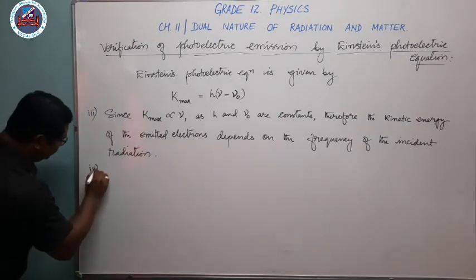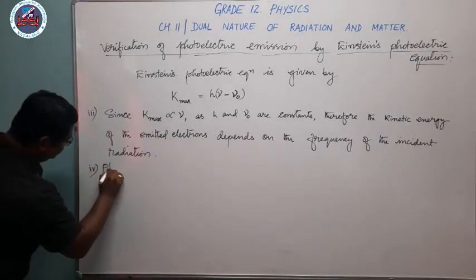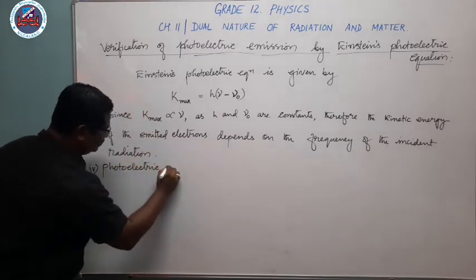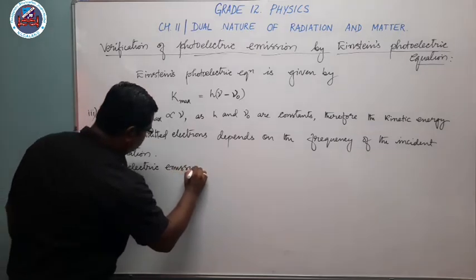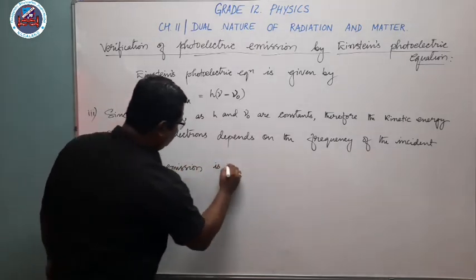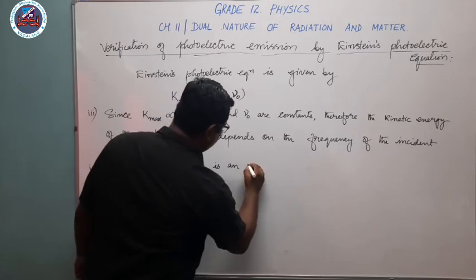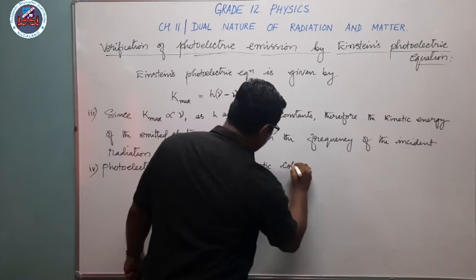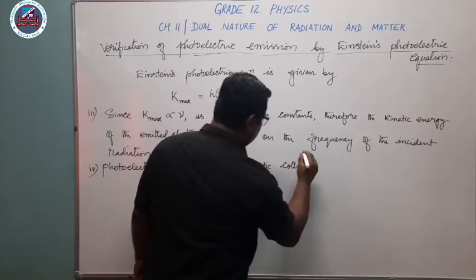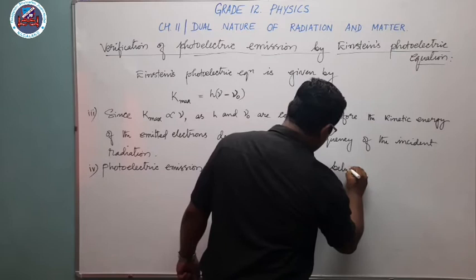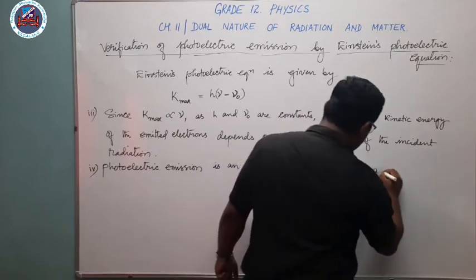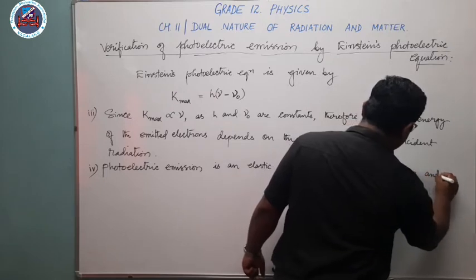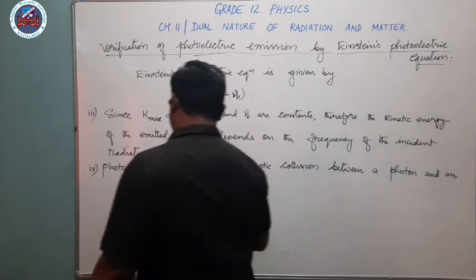The fourth point, photoelectric emission is an elastic collision between a photon and an electron.